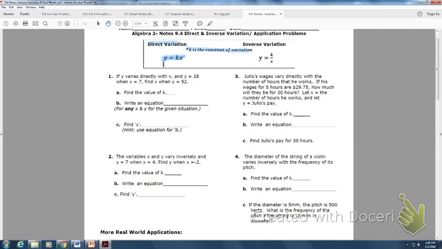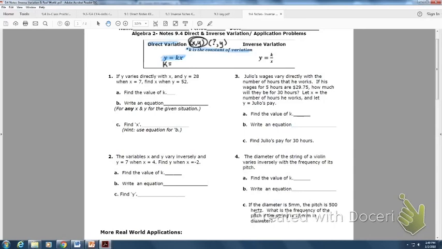You need to know how to find k, though, because a lot of times on all these problems, you're going to be given an x and a y that go together. And then maybe on the next problem, you're given the y, and you have to find the x. Or vice versa. So with the point that you're given, both x and y, that's how you're going to find the k value.